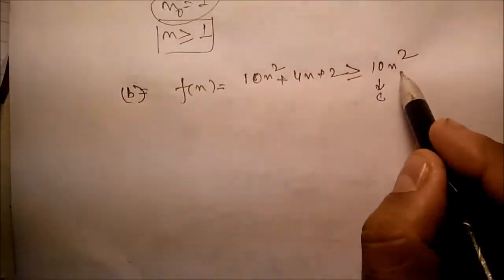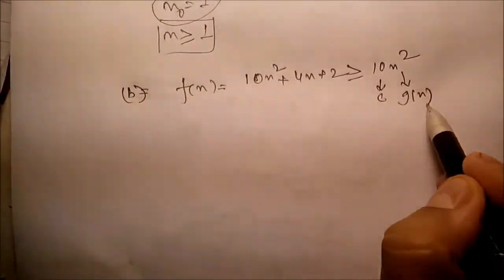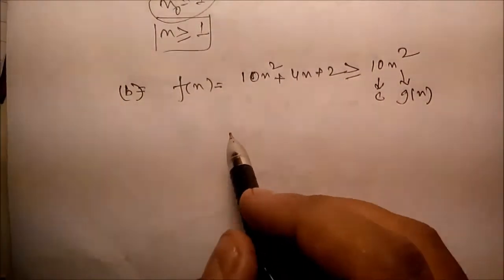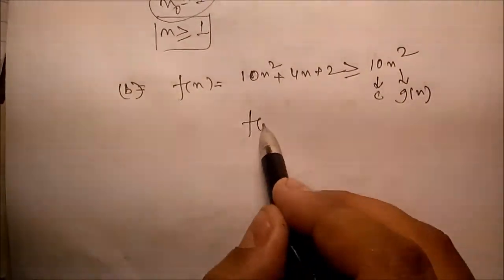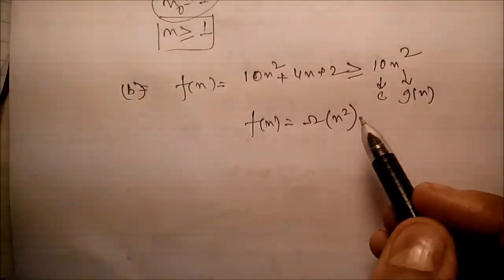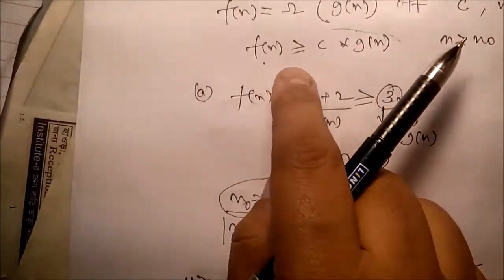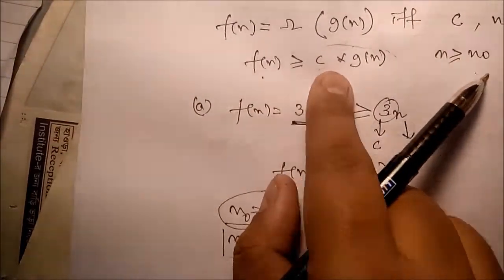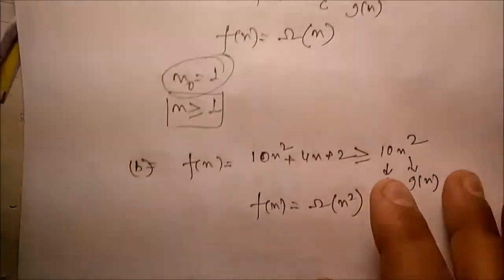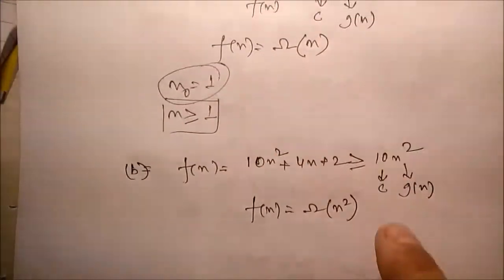This is nothing but our C, and this is our g(n). So we can write f(n) = Ω(n²), because the formula is: if f(n) is greater than or equal to C·g(n), then we can write f(n) = Ω(g(n)), where g(n) is equal to n².